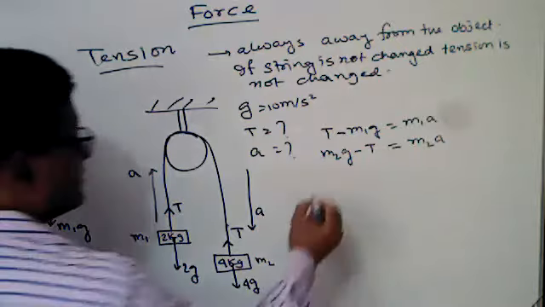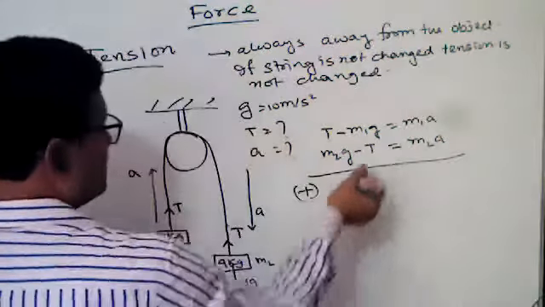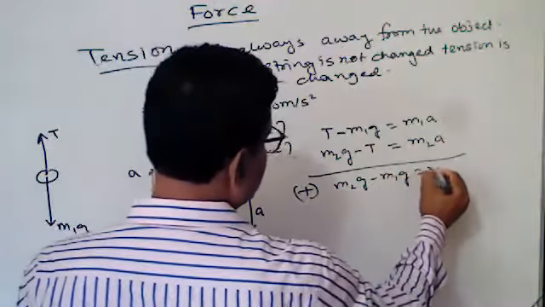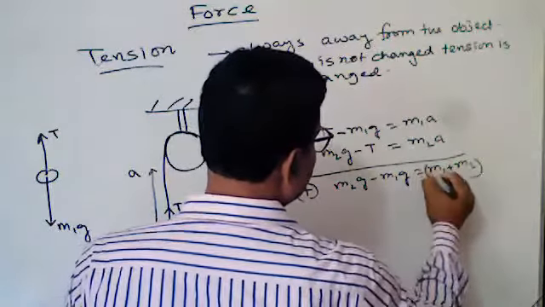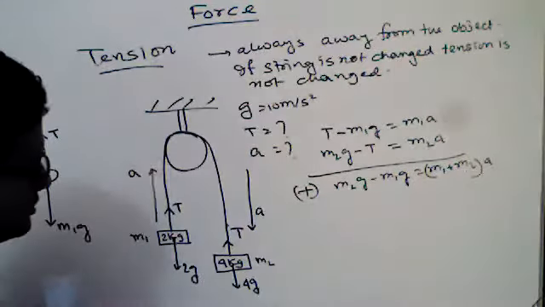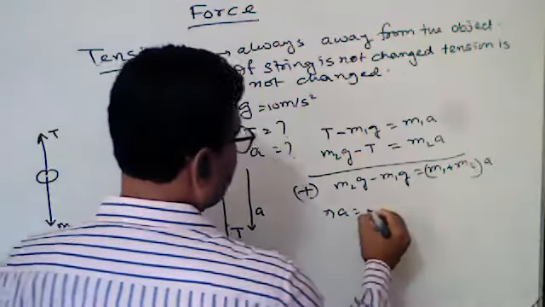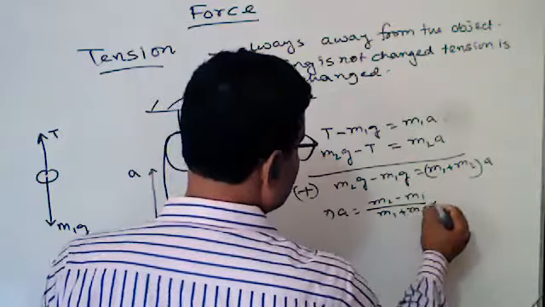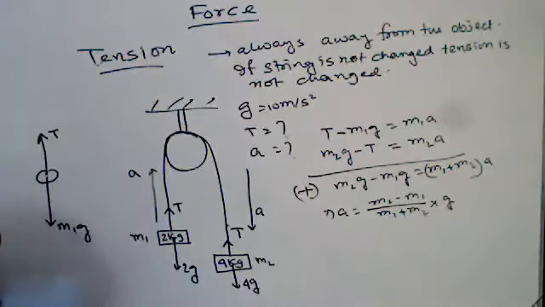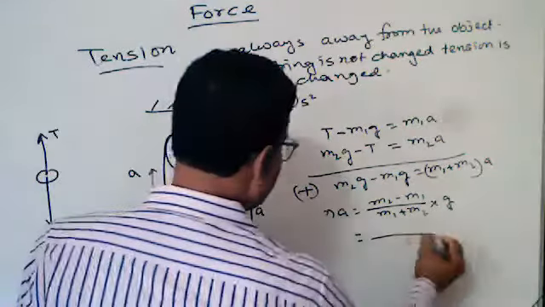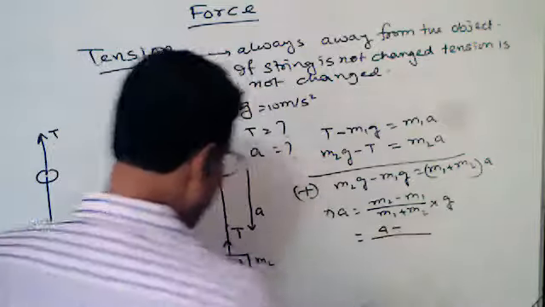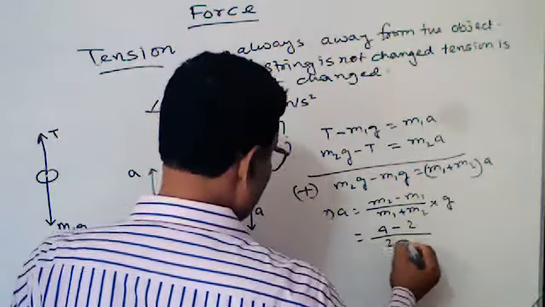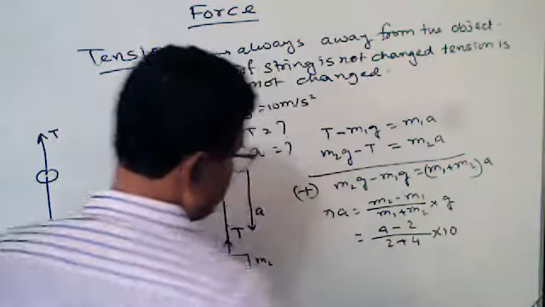Okay. Now we add them. T cancels, M2G minus M1G equals M1 plus M2 into A. So A will be M2 minus M1 by M1 plus M2 into G. So M2 means 4 minus 2 by 2 plus 4 into 10.